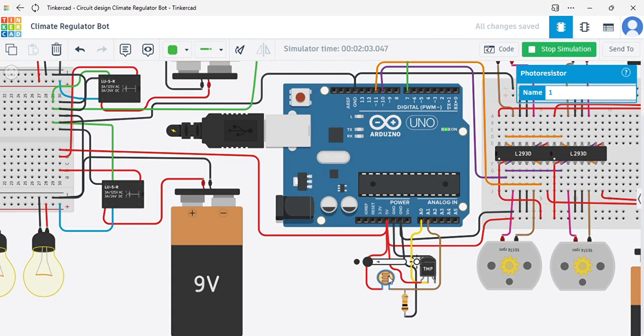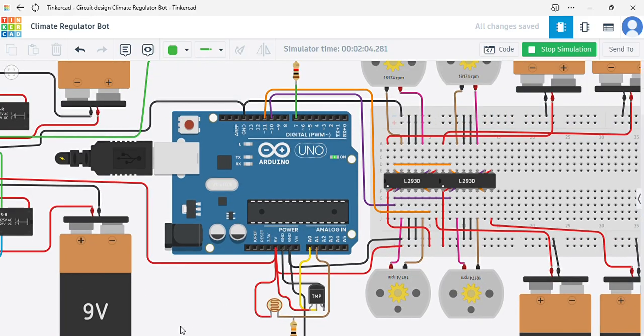Now, it's an analog signal from 0 to 1024, so below 250 the lights are supposed to be on, and above 250 the lights turn off. So if we turn up the lighting input to a value of above 250, the lights should be off here, and then you turn it back below 250 and the lights turn on.